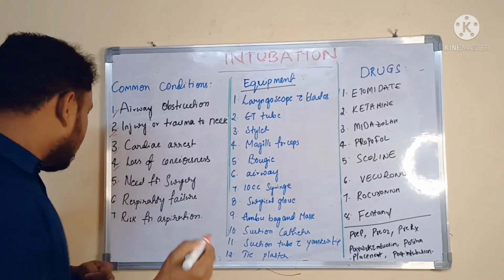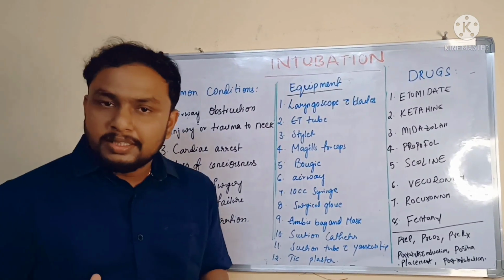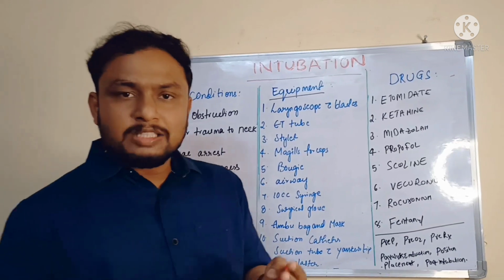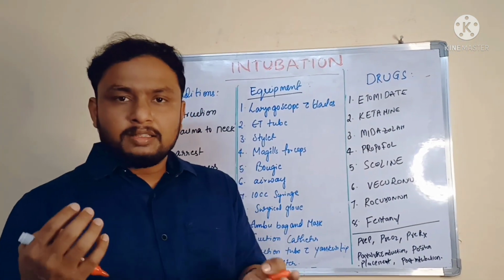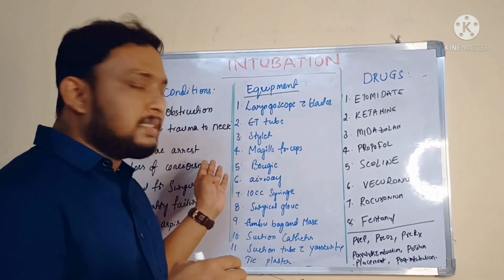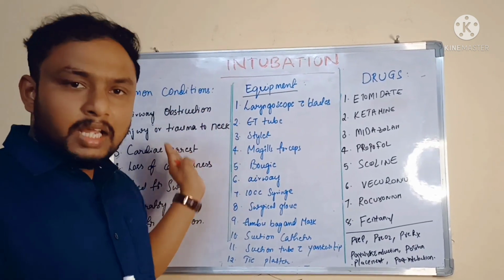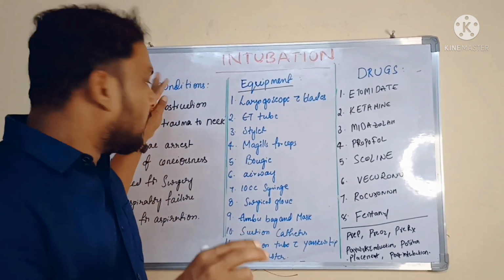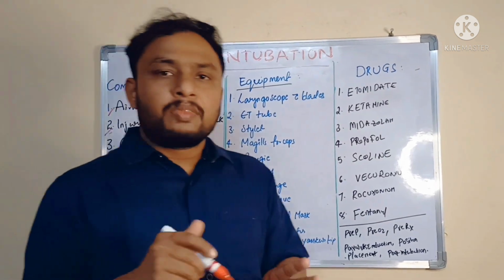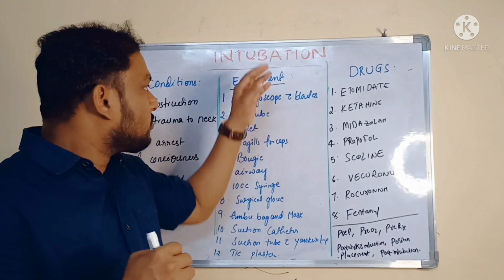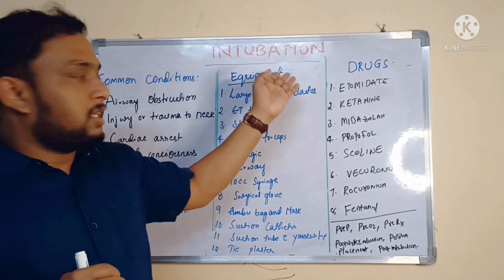Respiratory failure cases. And risk of aspiration, when the patient is at risk of aspirating because his swallowing reflex is not good. In such cases intubation is required. These are some of the conditions in which we will do intubation.